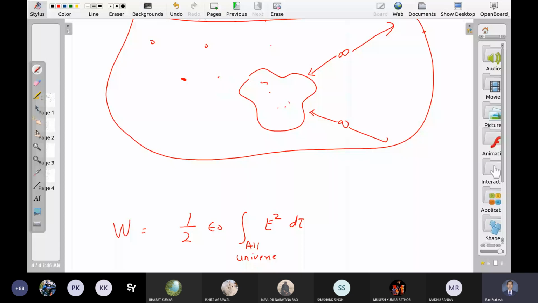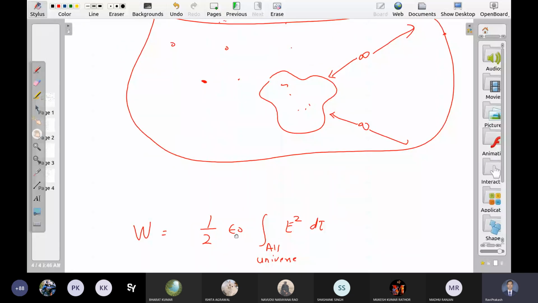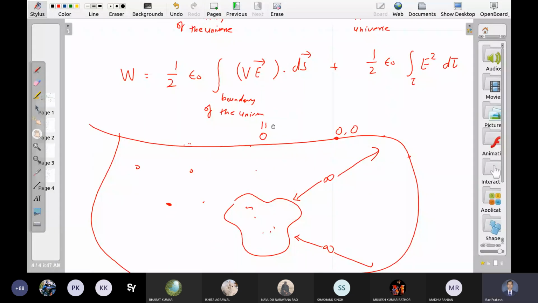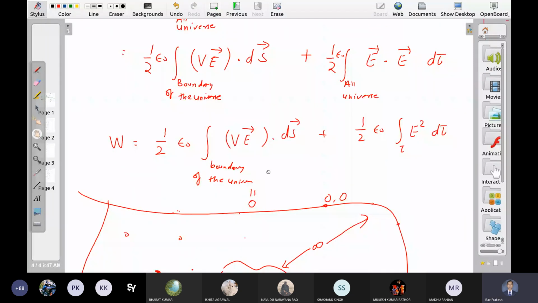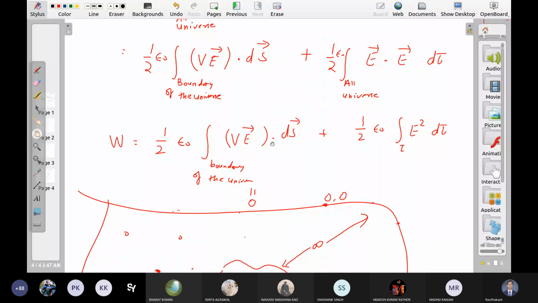I'm not getting your point. Do you have doubt with the first integral or second? Yeah, sir, with the first integral. I said, sir, if this first integral is 0 for infinity, so it should be 0 for a distance equal to r, right? Why? Because, sir, we need W equal to half epsilon naught E square into the volume.